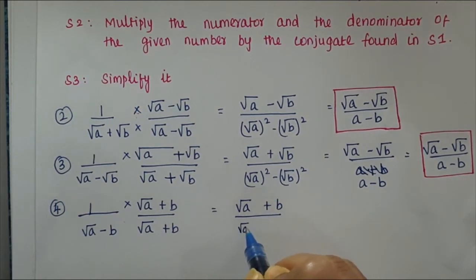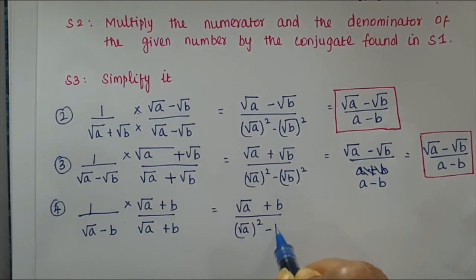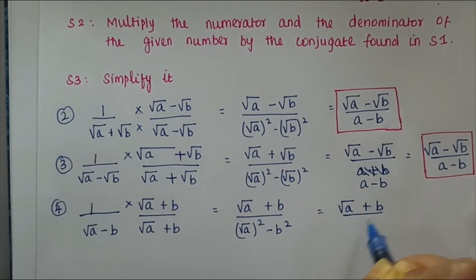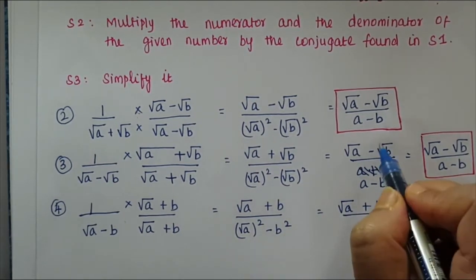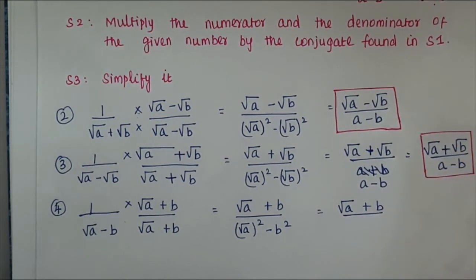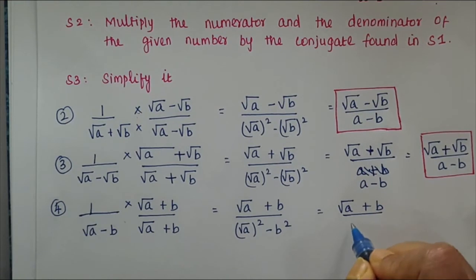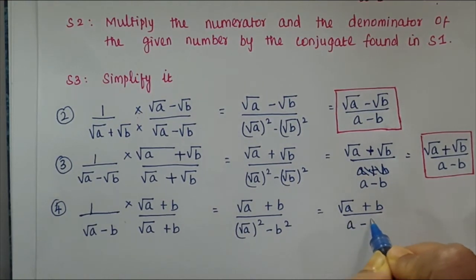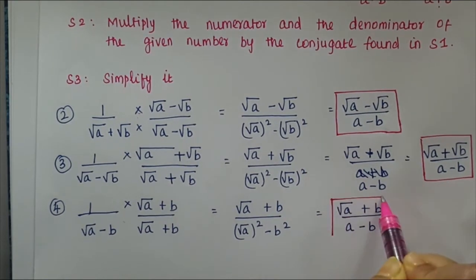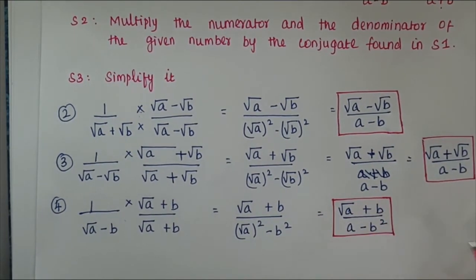So square root of a the whole square minus b square, which is a minus b square. Got it?